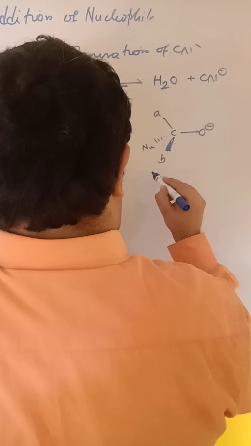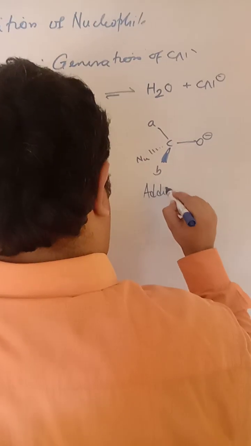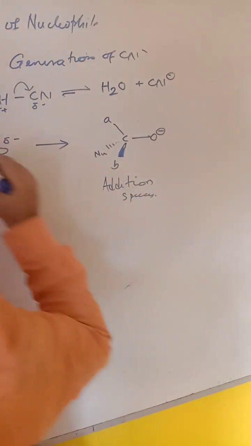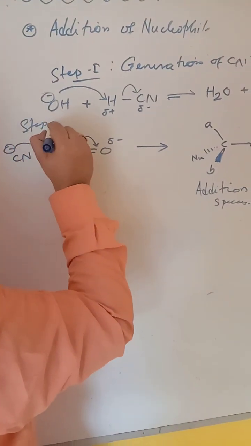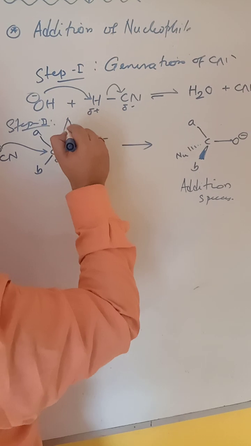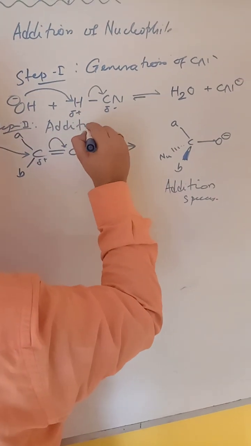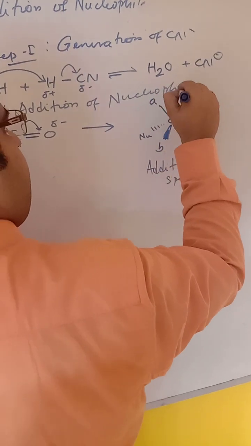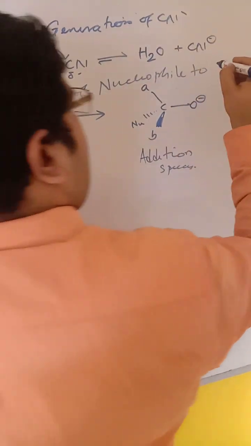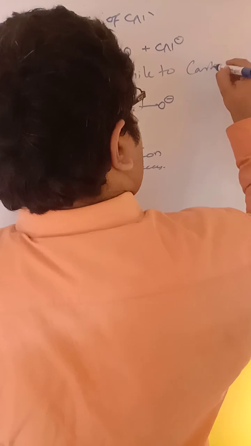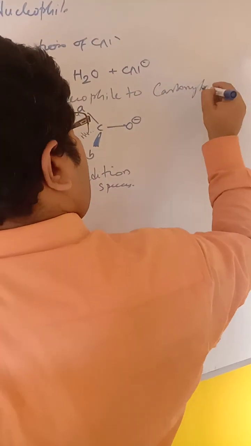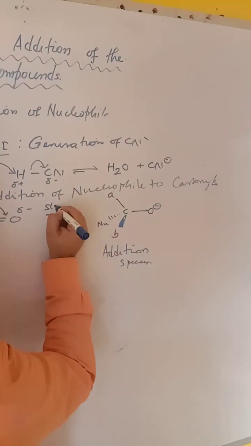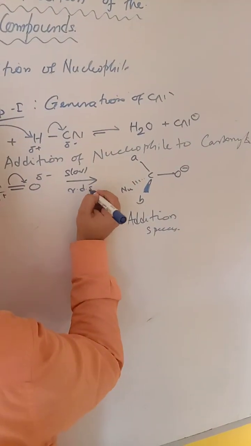So this is the addition species. So this is step 2, addition of nucleophile to carbonyl compounds or carbonyls. This is the slow step or rate determining step.